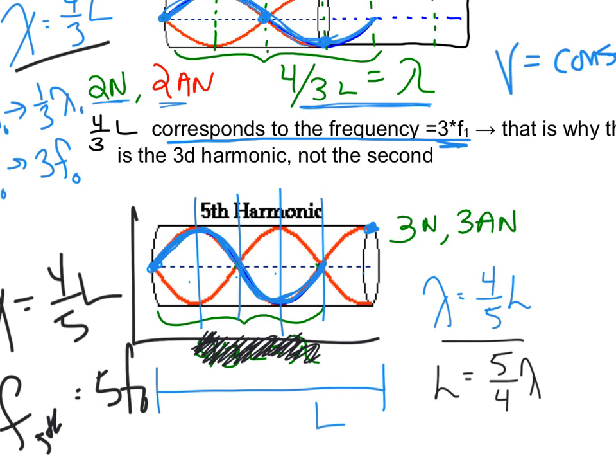So for a fixed end string, I know the boundary conditions are that each end has a node. For an open-ended tube, my boundary conditions are that each end has an antinode. And for a closed-ended tube, the boundary conditions, or what's happening at the endpoints, is that one end has a node and the other end has an antinode.